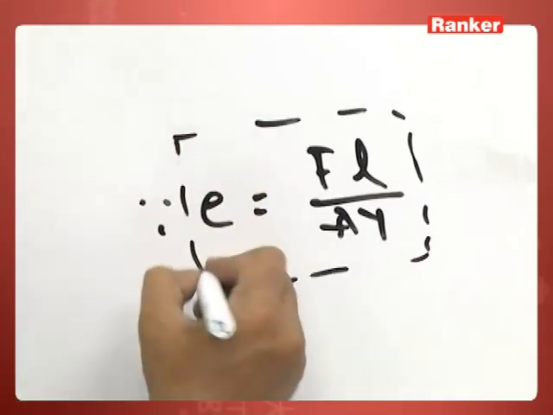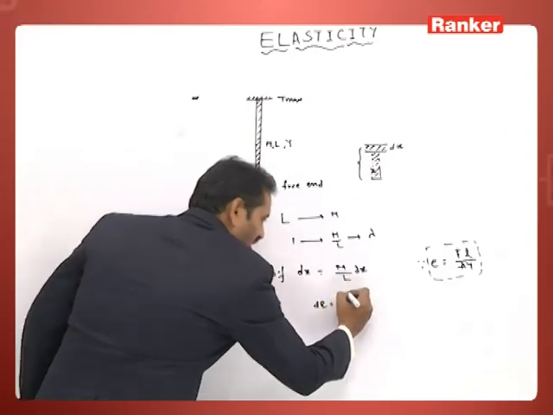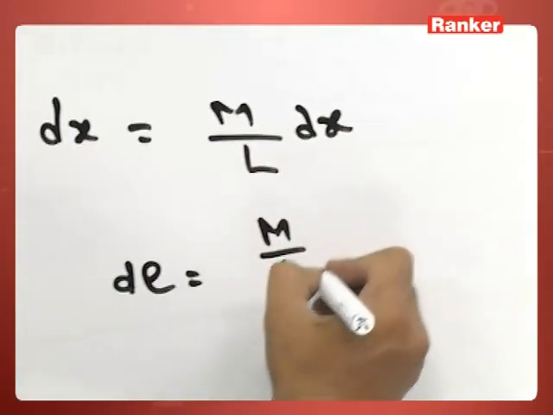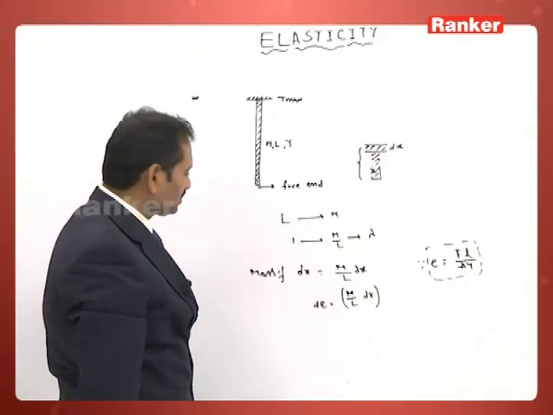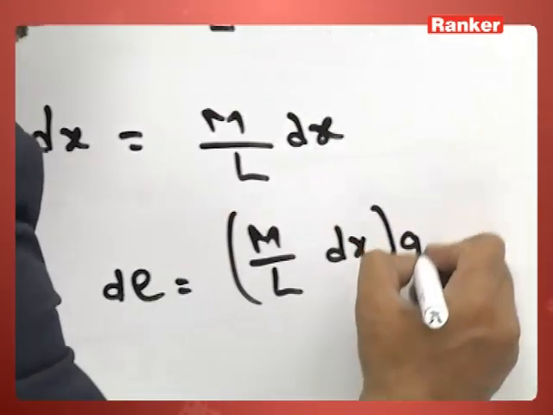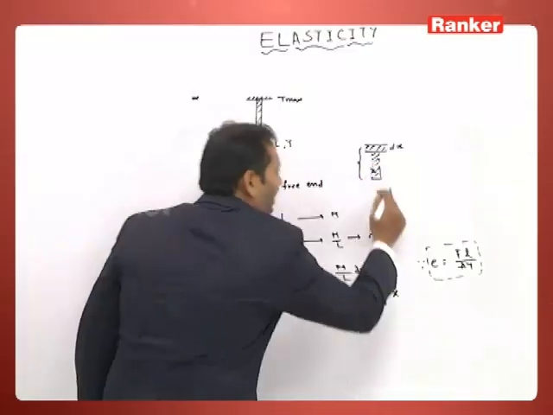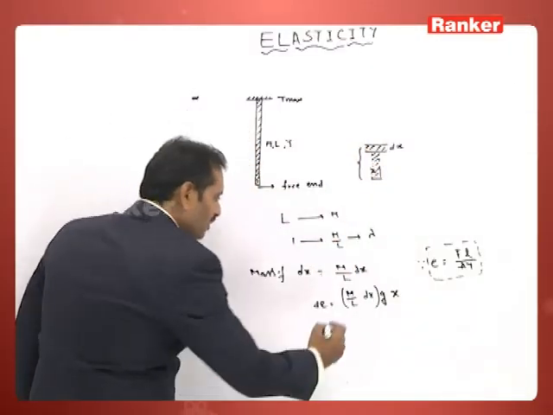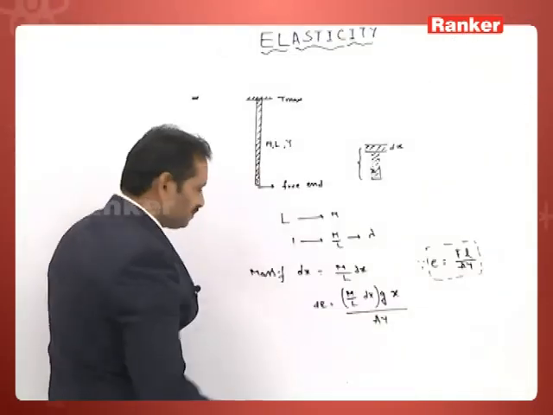From that, dE equals M by L dx, the mass of that element, into g, the weight, which is the tension, into length, which is x from the free end, divided by AY. A and Y are constants.